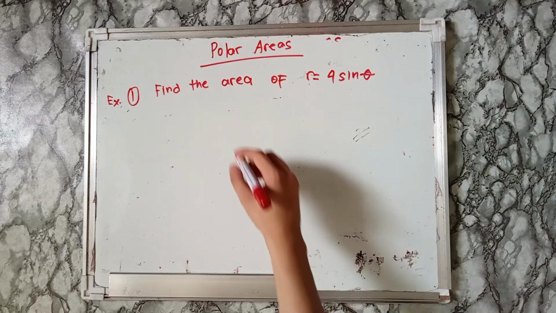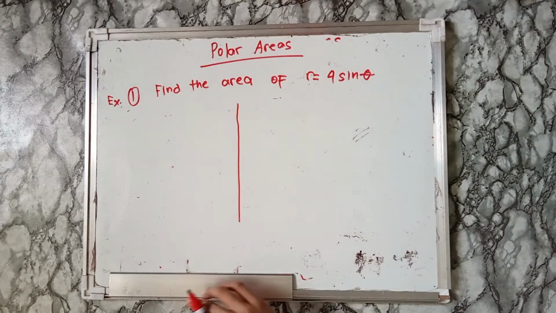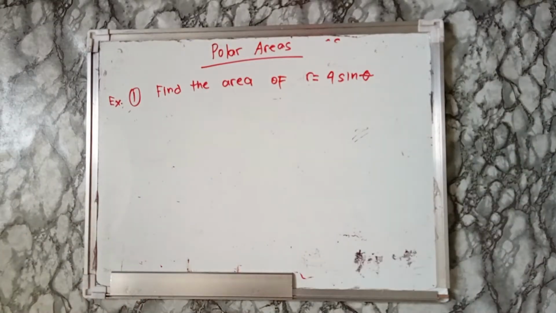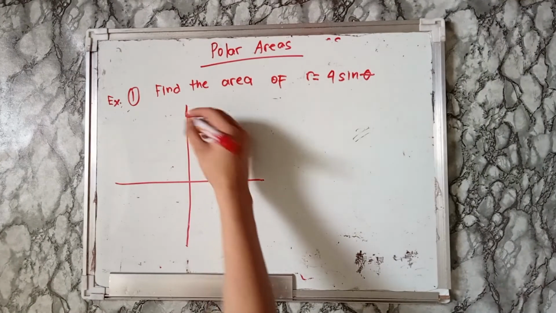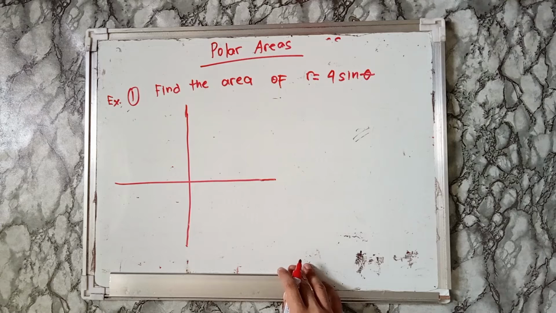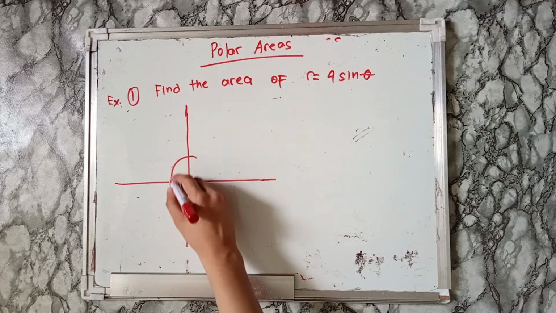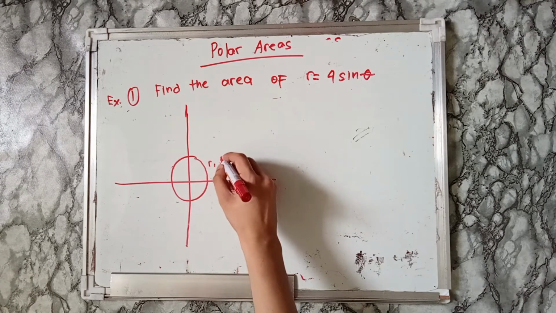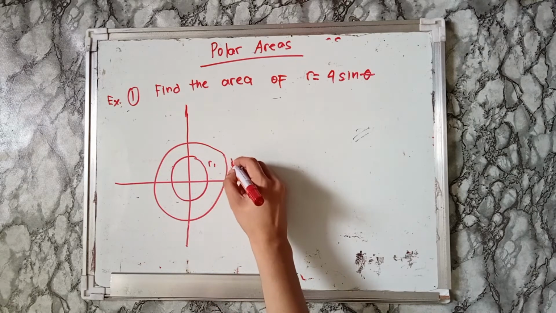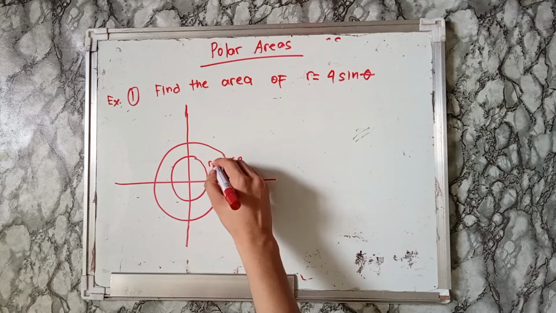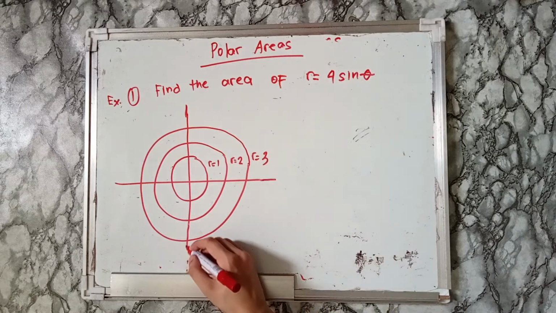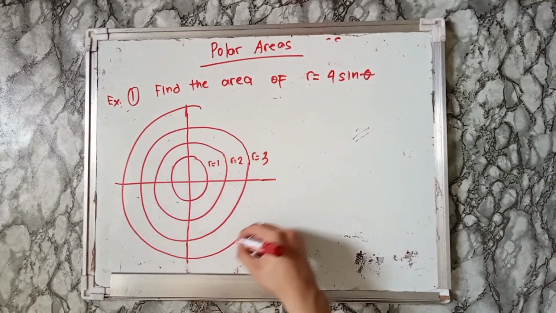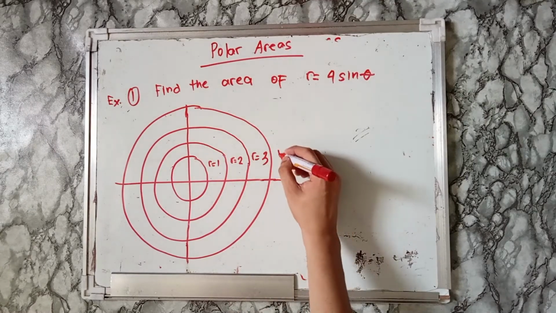Let's say our graph is like this, and of course, since our highest radius is 4, this is r1, r2, supposing this is a perfect circle. Then we have r equals 4.